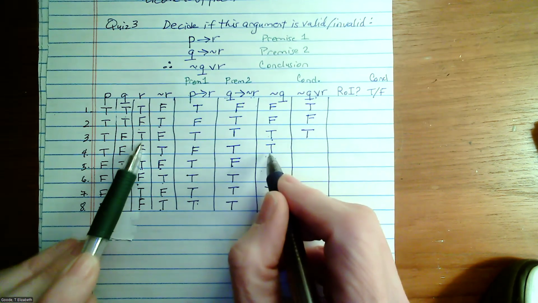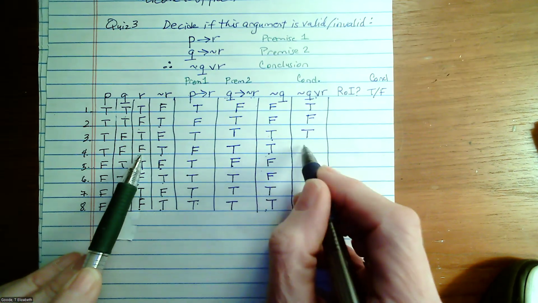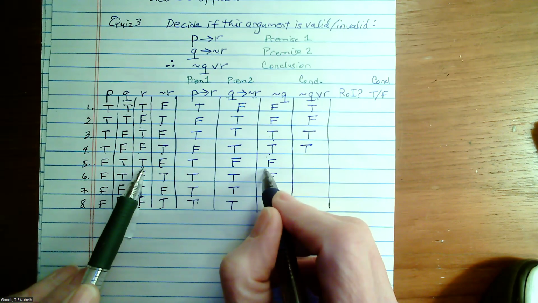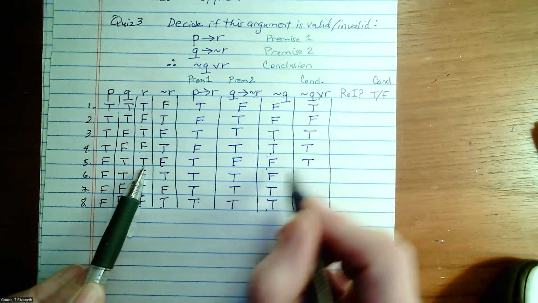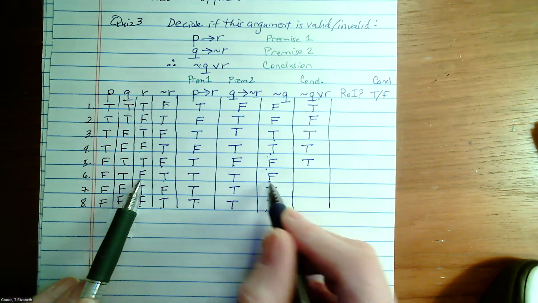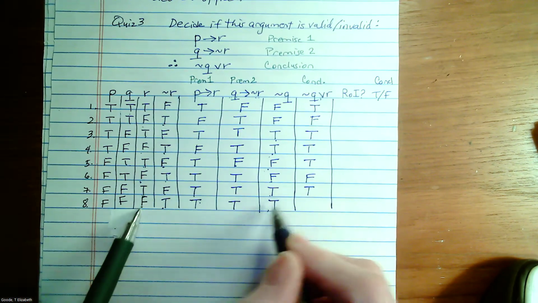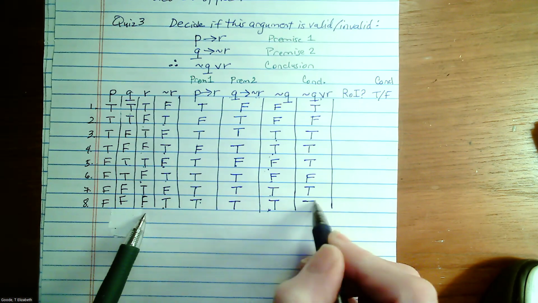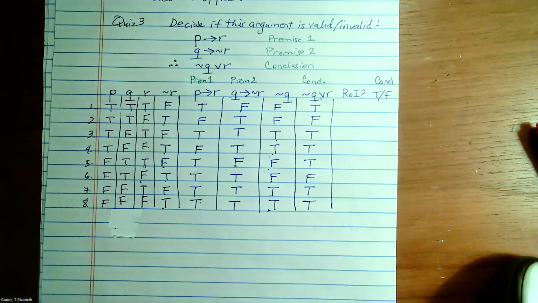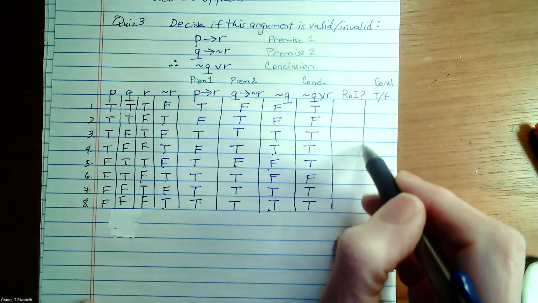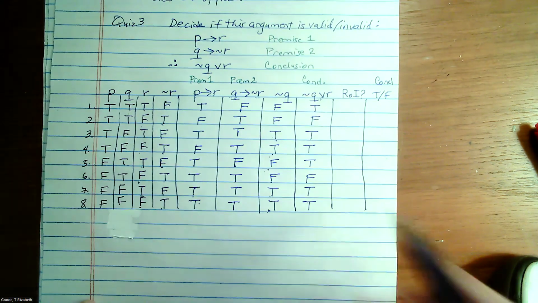Row 4. True. Row 5. True. Row 6. False. Row 7. True. Good. Row 8. True. Excellent.